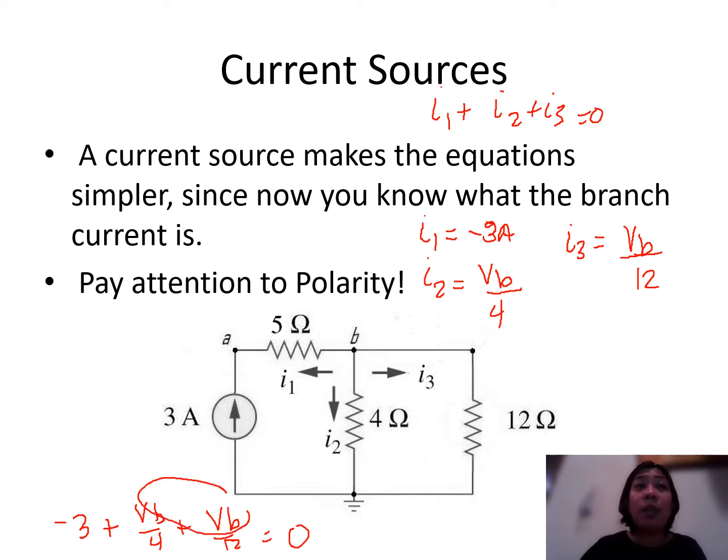Again, we only have here one equation with one unknown, so you can easily solve for your VB. So that is what happens if you have a current source. That makes your solution a lot easier.